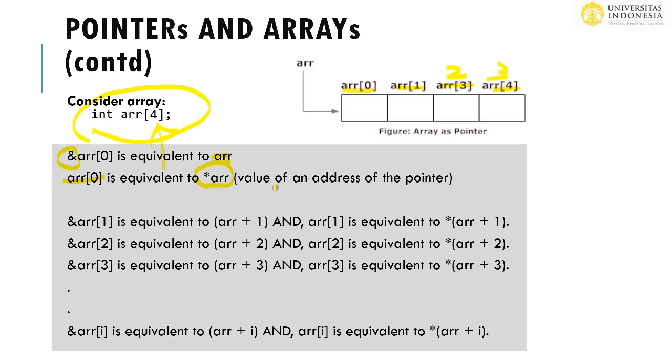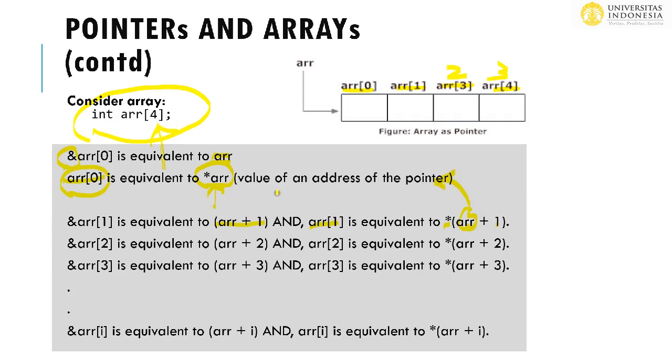Okay. So the value of the first address of the pointer of an array, ARR here, is shown by the first element. Okay. So the second element should be equivalent to ARR plus 1, and array 1 here, the second element, is equal to the content of the array plus 1, because the array has the first address.